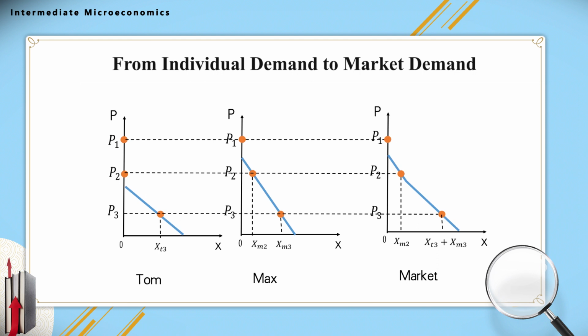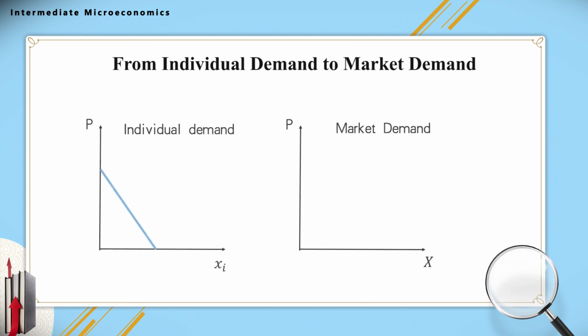Similar to this example, no matter how many buyers are in the market, demand is the sum of all the individuals' demand at a given price, holding all consumers' income and the price of the other commodities unchanged.